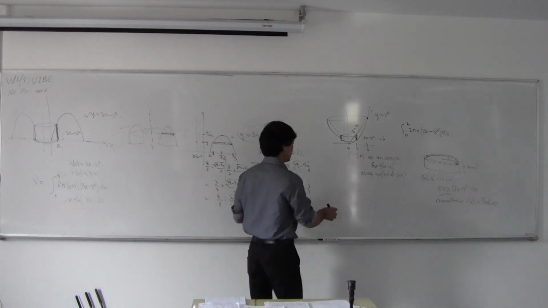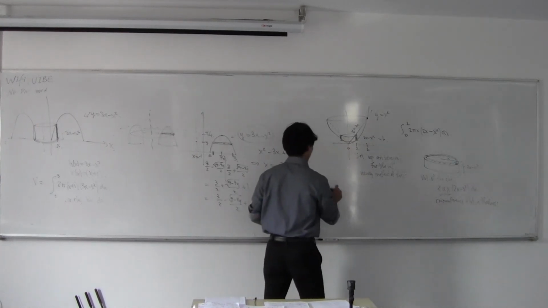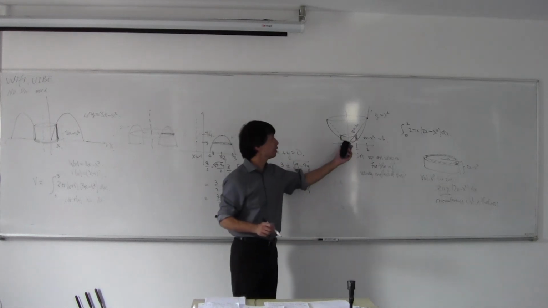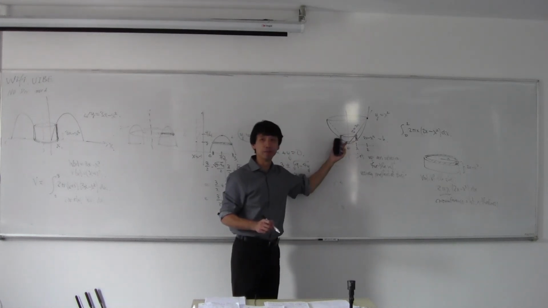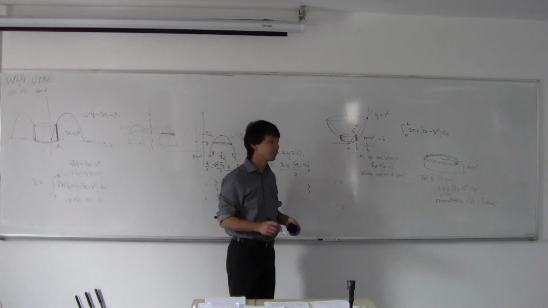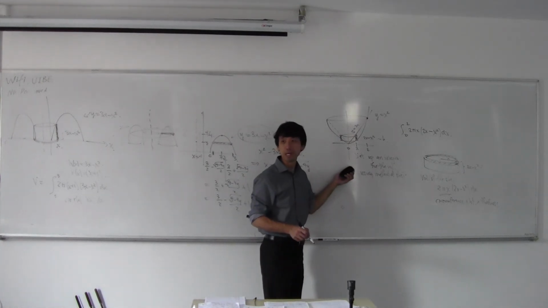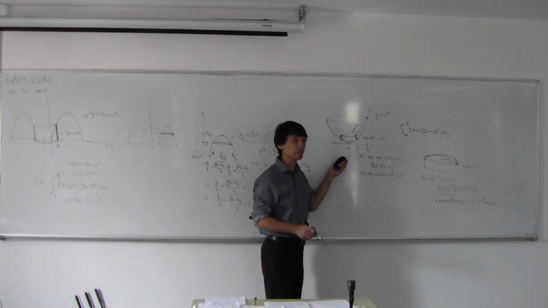Okay. Just for practice, can anyone read off immediately what the method of washers would give us? What would we get by the method of washers? The integral from 0 to 4. Now we're going to have some pi r squareds involved, right? What's it going to be?